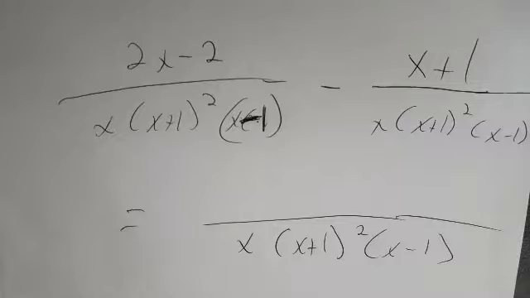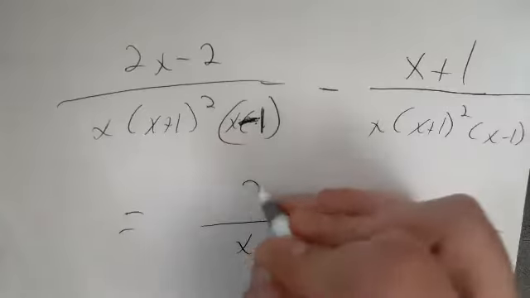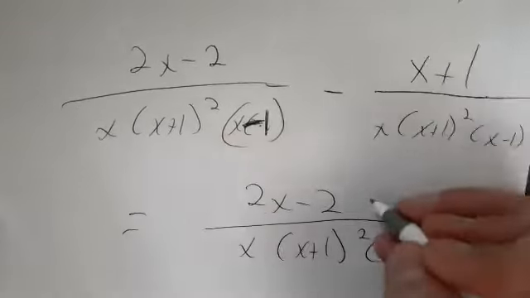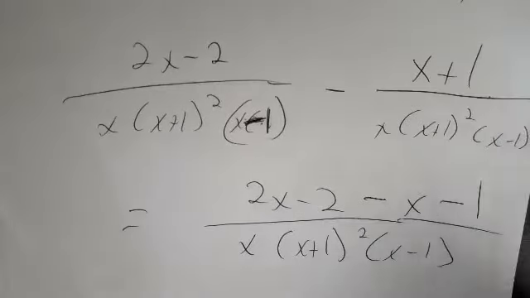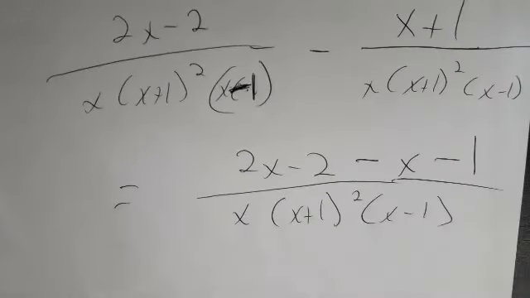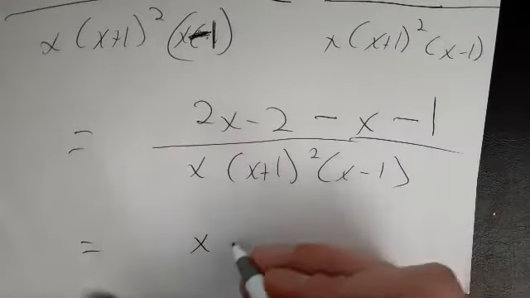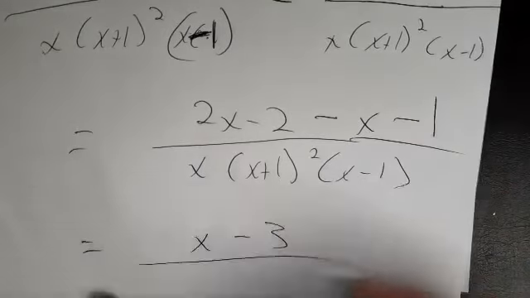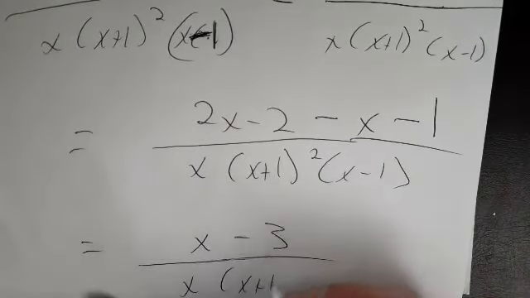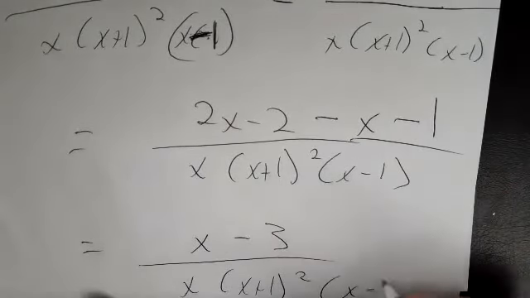On the top, I have 2x minus 2, subtract x, and I'm going to subtract 1. I have to combine some like terms now. 2x minus x is going to give me x. I have a minus 2 and a minus 1, which gives me minus 3. I have an x, an x plus 1 squared, and an x minus 1.